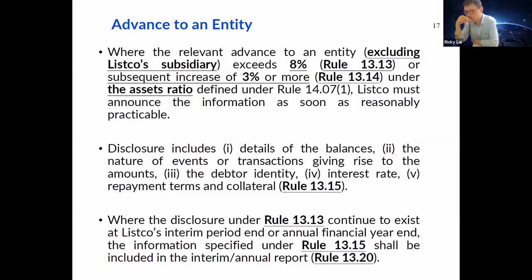If the disclosure obligation continues to exist at the interim period end or annual year end, the information under the disclosure requirement shall be included in the interim report and annual report respectively. So not only the announcement, please also disclose the advance to the entity in the company annual report and interim report.